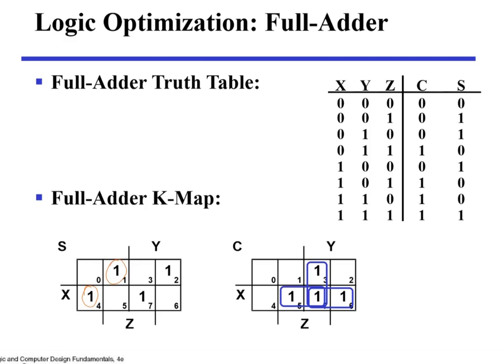Let's start with the S, right, sum, and then here we have the grouping of the carry. So if you remember, in one of the classes I told you that the odd functions usually will have a checkerboard pattern on their K map, right? This is an example of the odd function.